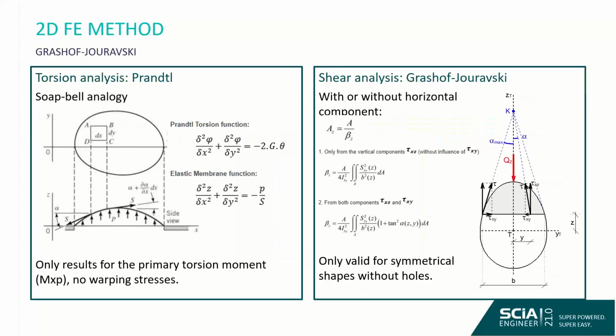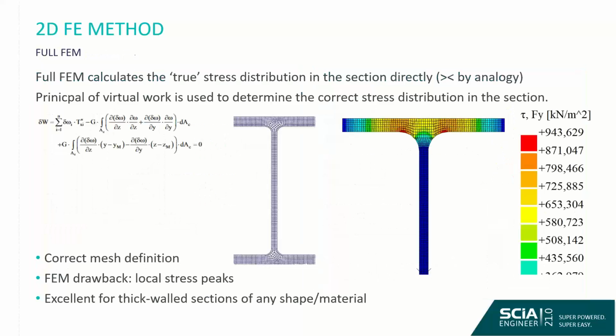So because the existing method inside SCIA Engineer has some drawbacks, we don't have warping stresses in torsion, and our method for shear is only valid for symmetrical shapes without holes, we have implemented into SCIA version 21 this new 2D finite element method for the calculation of section properties, which is the full FEM method.